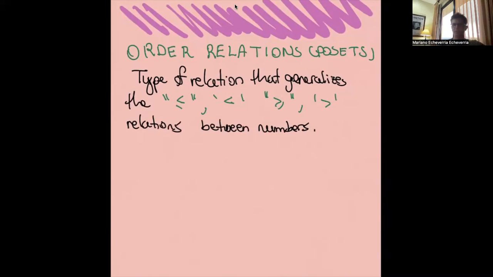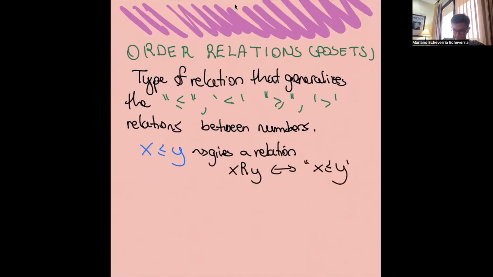And by that I mean, everyone has seen something like when you write x is less or equal to y, right? So you can think of this as being a relation, where x is related to y if and only if x is less or equal to y.